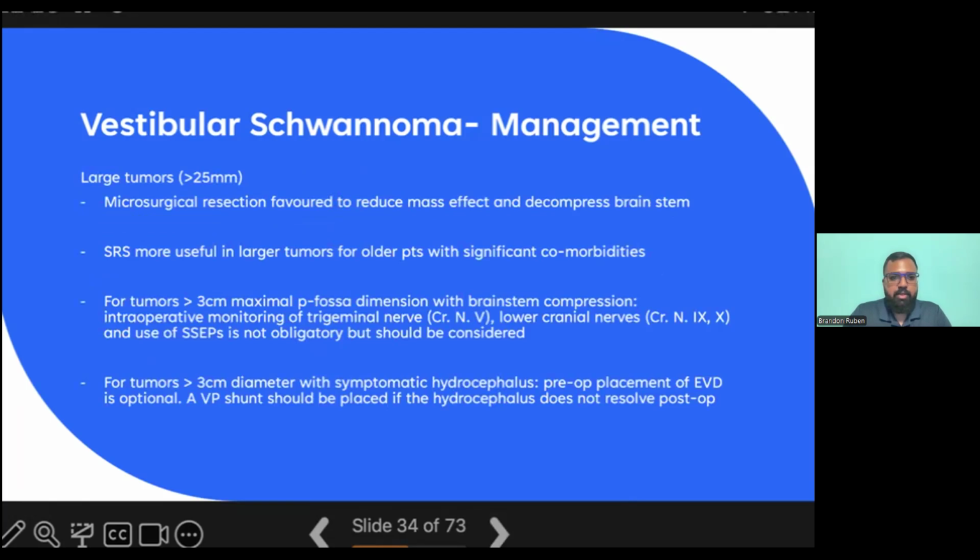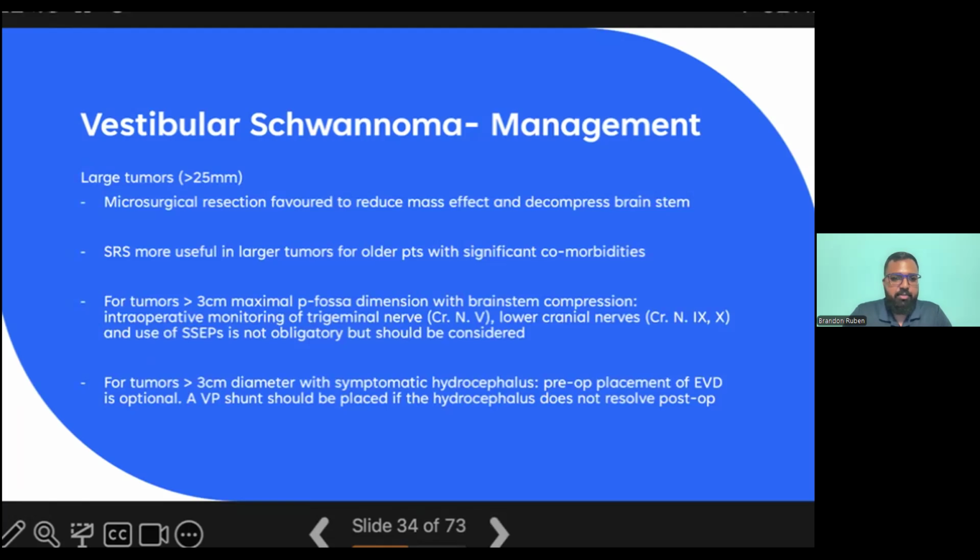For tumors greater than 3 centimeters maximal posterior fossa dimension with brainstem compression, intra-op nerve monitoring of trigeminal nerves, lower cranial nerves, and use of SSEPs is not obligatory, but should be considered. For tumors greater than 3 centimeter diameter with symptomatic hydrocephalus, pre-op placement of EVD is optional.